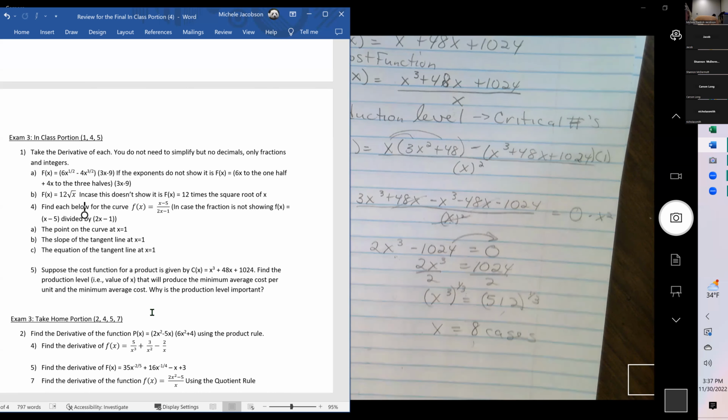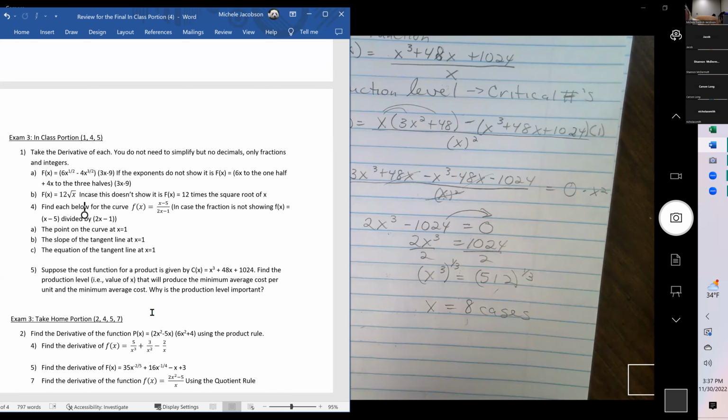Any questions on that? Is everyone able to explain it? So it's telling you what's going to give you the lowest cost, as long as you produce 8 at a time. Let's find it first.